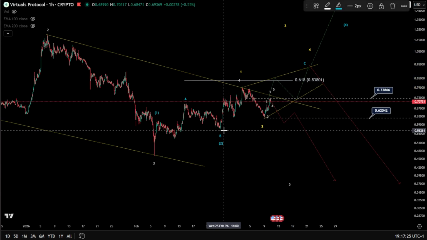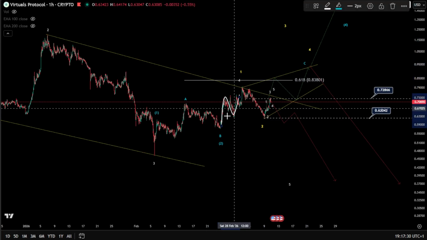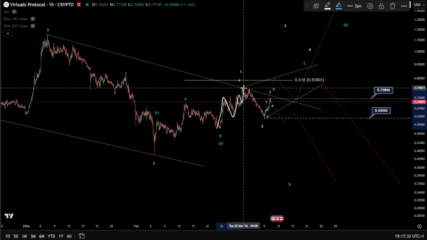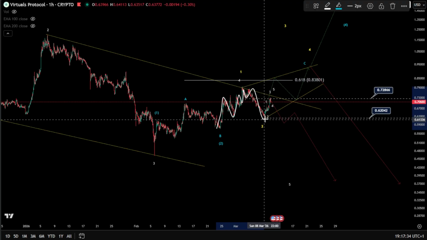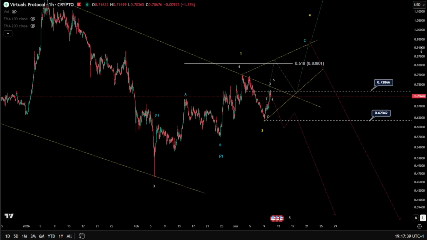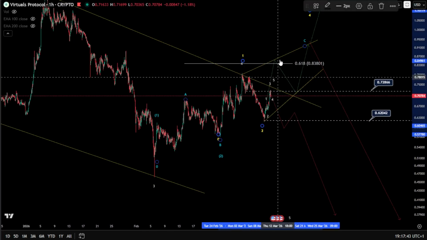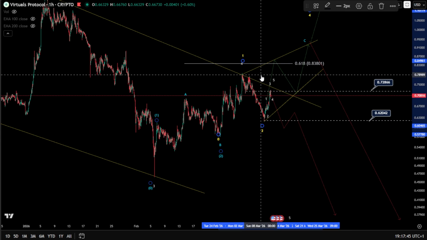Then I can count something as a 1, 2 here potentially, and then I have to take it as a diagonal 1, 2, 3, 4, 5, leading diagonal, ABC wave 2, and then wave 3. But it's still too early to call it, because we might still have something corrective here.